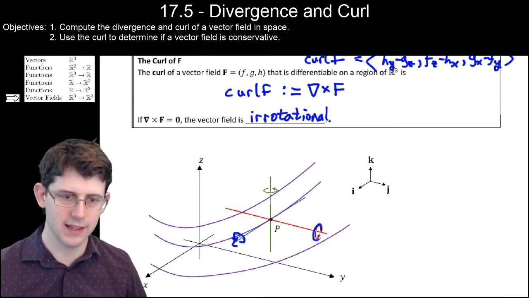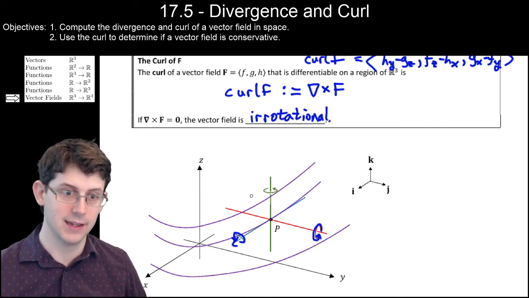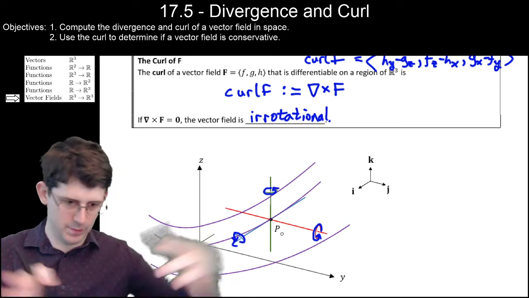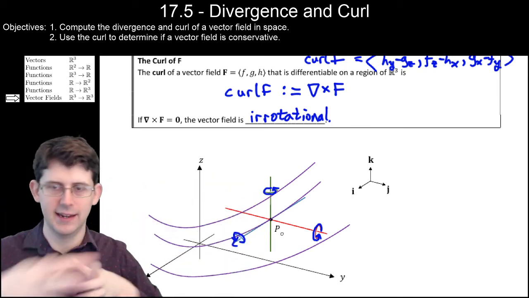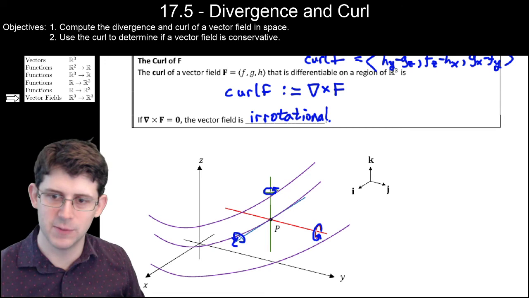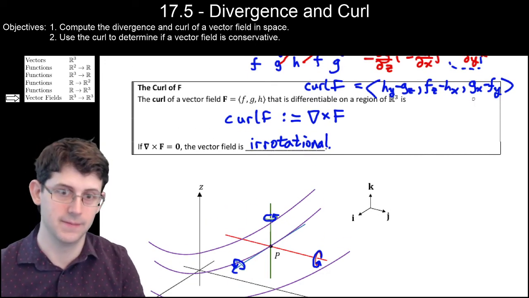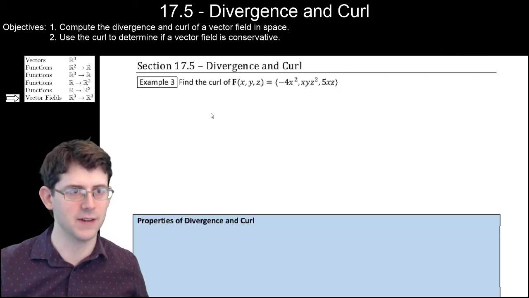If things were spinning this way, then the curl would be a multiple of j. And if things are spinning in the xy plane, like a vertical spin, then the only component you would have would be the k component, from the two-dimensional curl. Yeah, we'll just let that picture go for now.